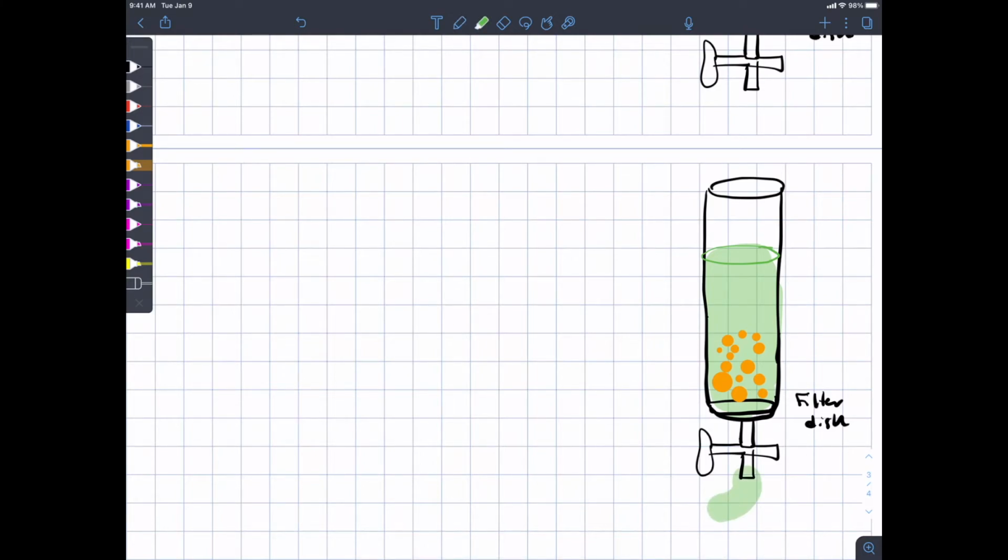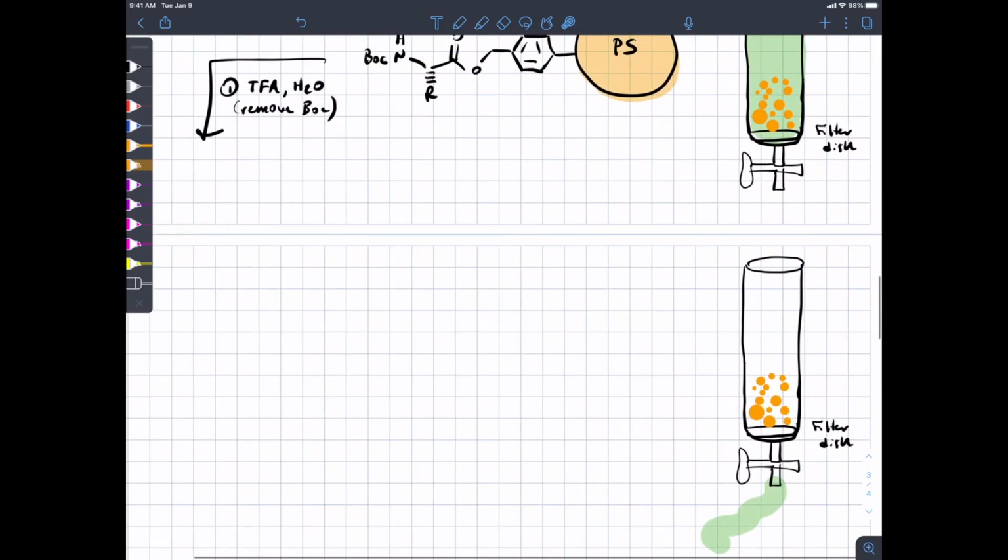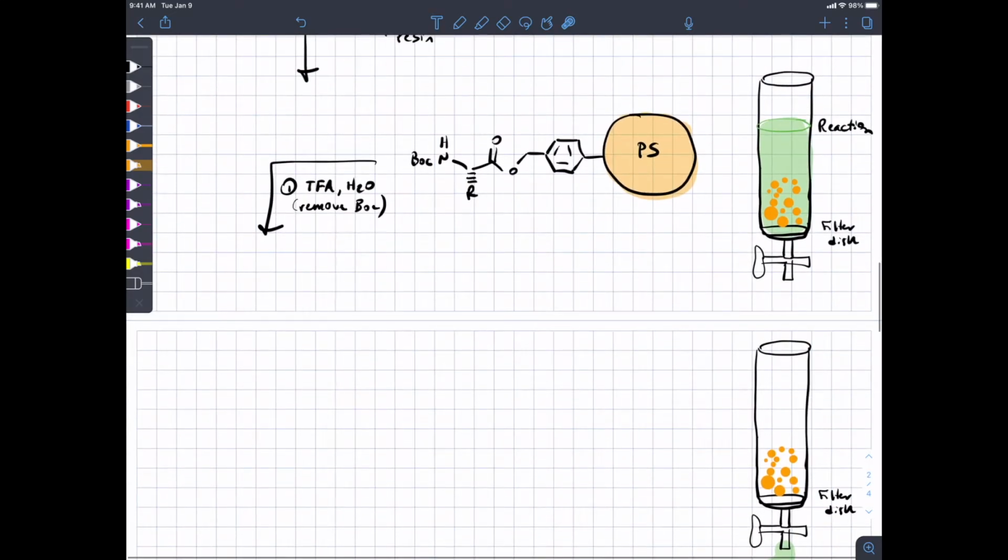You open up the stopcock, the undesired stuff pops out, and what's left is your resin. Instant purification. And you can even wash the resin with some innocuous solvent to get rid of the remaining TFA. But this process literally takes like 30 seconds, whereas purification of an amino acid could take hours. So it's a really fast improvement.